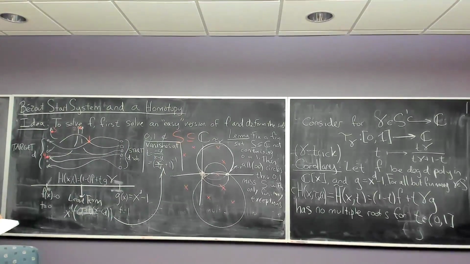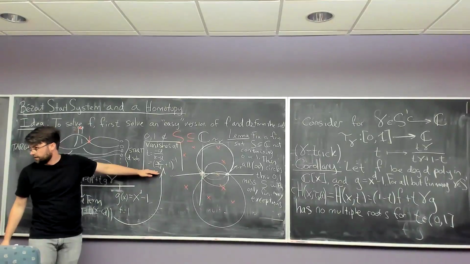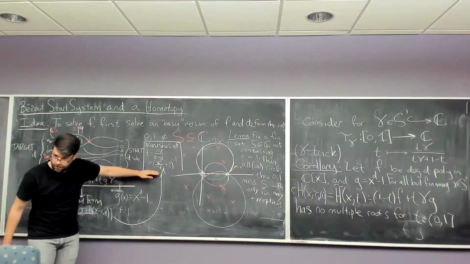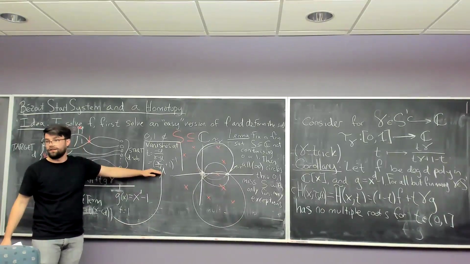Okay, fine, whatever. The thing we want to show is that this is not a real number between 0 and 1. With probability 1, if you've chosen gamma to just be some random complex number, this isn't going to be a real number at all.